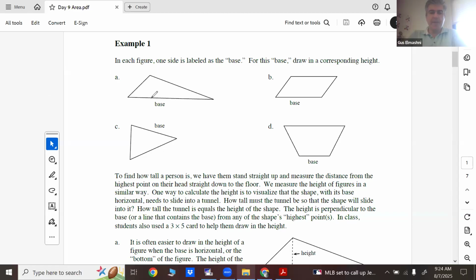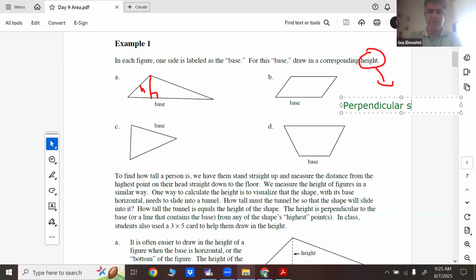this one's gonna be pretty obvious. I'll make them my height. You just simply draw a perpendicular segment from the corner. So when you draw the height, it's basically a perpendicular segment. I cannot spell for life of me today.